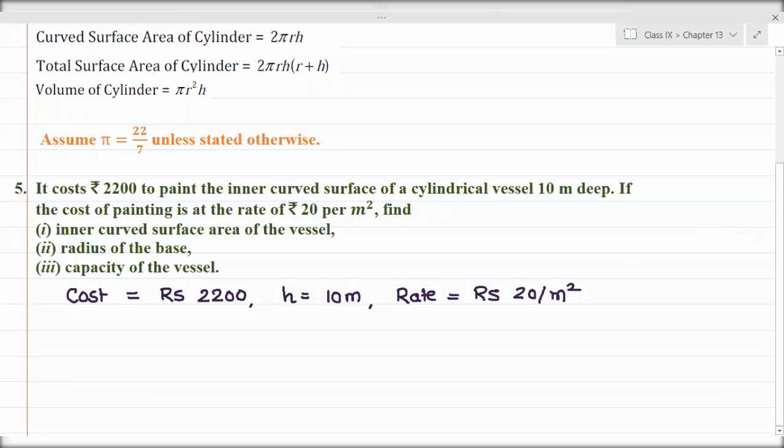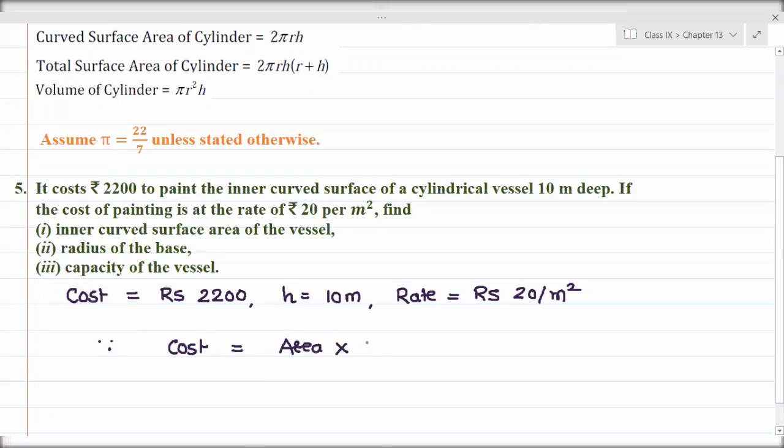Now we have to find out the inner curved surface area of the vessel, that is one thing. Second, the radius, and third, the capacity, meaning volume. So first of all, you know the formula that cost is always equal to area multiplied by rate.